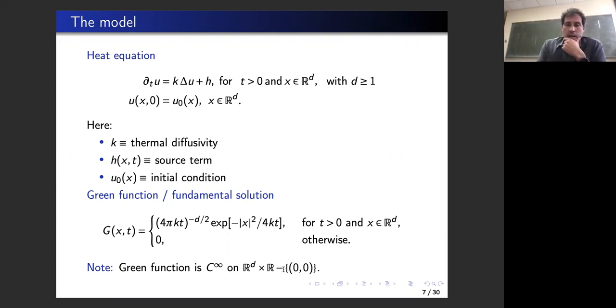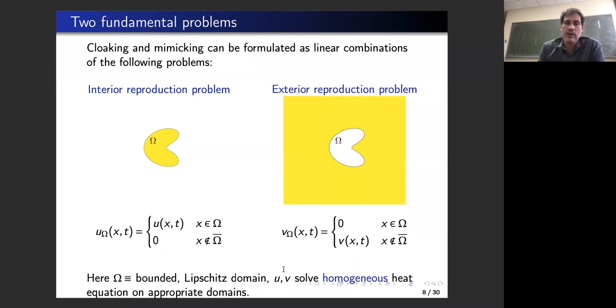Fine. Now, let me introduce a couple of fundamental problems just to put things in context. I'm not talking about cloaking or mimicking yet, but these are the two tools that we're going to combine to get cloaking, mimicking of sources, objects, and so on. The first problem is what we call the interior reproduction problem.